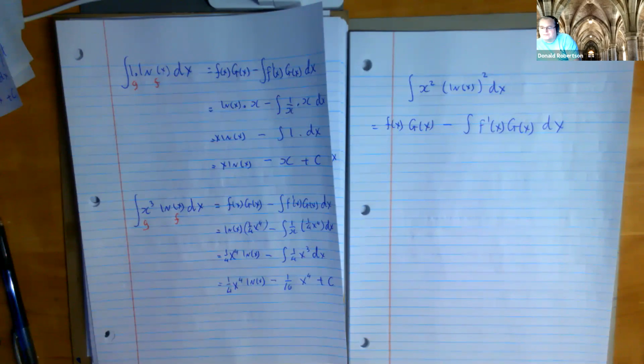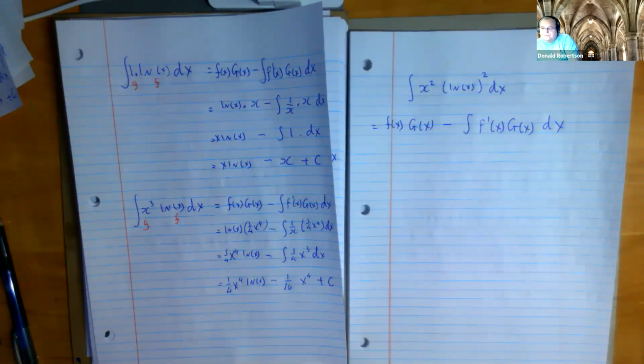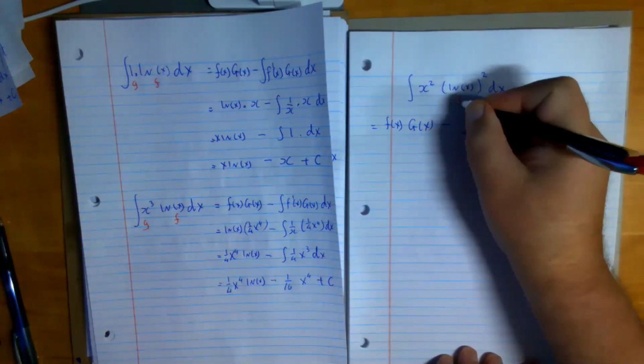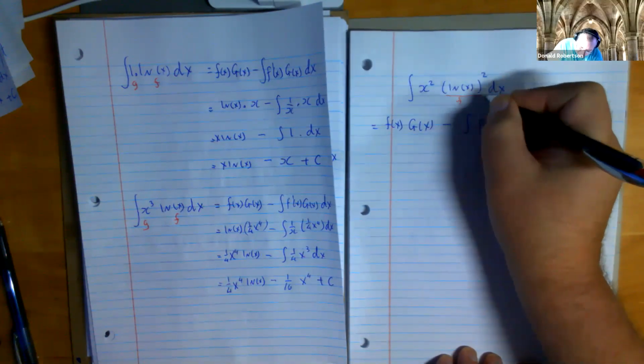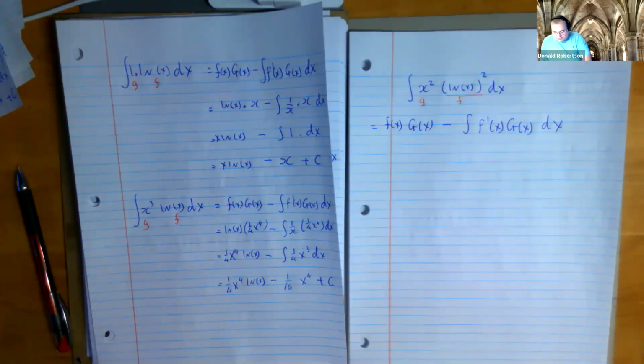Because that's going to be your f. Natural log squared. Right, so you make that whole thing, including the square, your f, and that guy over there is your g. Do you see how we chose? Does it make sense that that would be the f and the other would be the g?